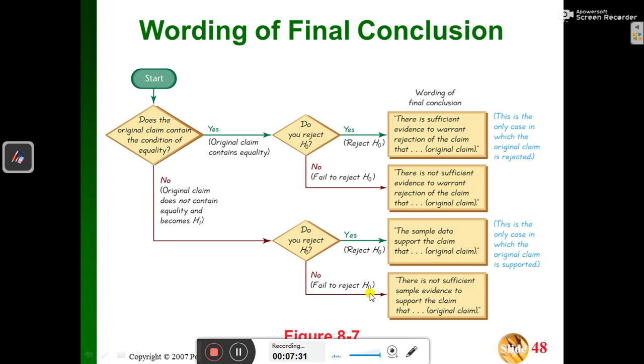In case of fail to reject H0, we can say that there is not sufficient sample evidence to support the claim, that is the original claim. This is the only case in which the original claim is supported. So in this case, directly we can say that the original claim can be rejected, and here the original claim can be supported.